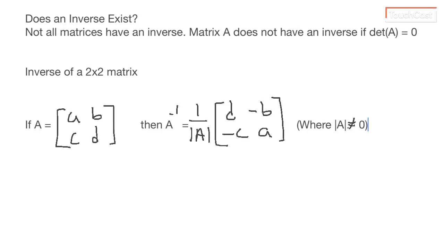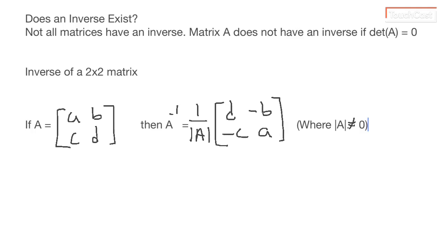So if we want to find an inverse, say we have a 2 by 2 matrix, we'll just call it A. To find the inverse of that matrix, we take 1 over the determinant of A and multiply it by the matrix where we switch the A and the D terms, and then take the opposite of the C and the B terms. And the determinant can't be 0. Otherwise, the inverse does not exist.